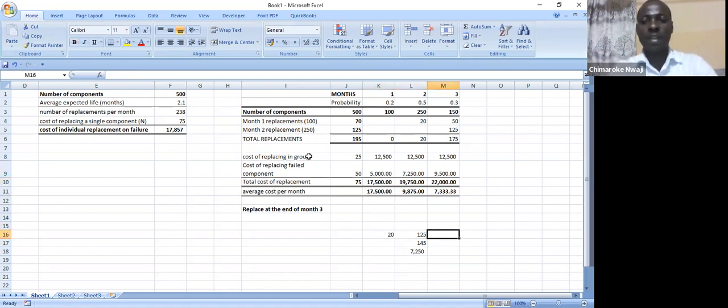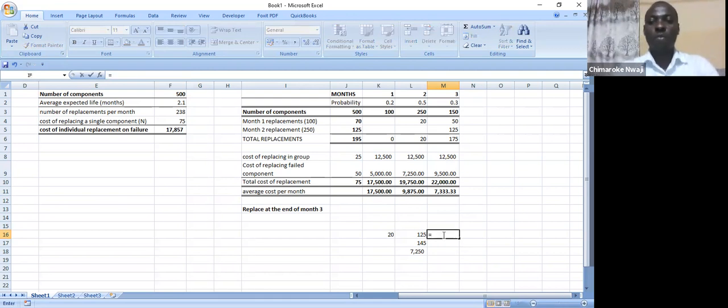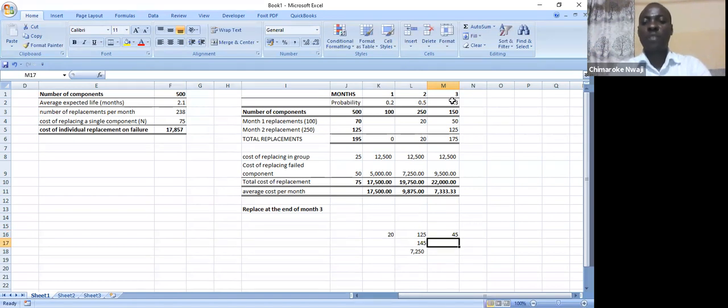In month 3, you'll see month 1 plus month 2 plus month 3. So let's do it together. Month 1, we find that it's 20. Month 2, it's 125. And month 3 is going to give us 150 multiplied by 0.3, which gives me 45.